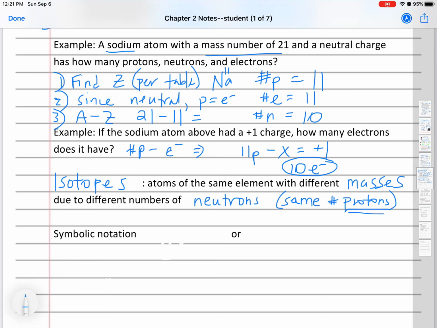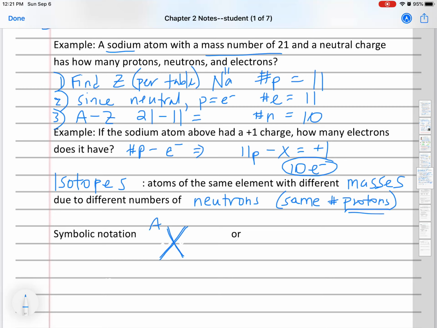So we're going to talk about isotopes and different ways to represent them, or to represent atoms in general. So we often will see atoms represented in something called symbolic notation, where X represents the chemical symbol from the periodic table, like Na for sodium or Mg for magnesium.